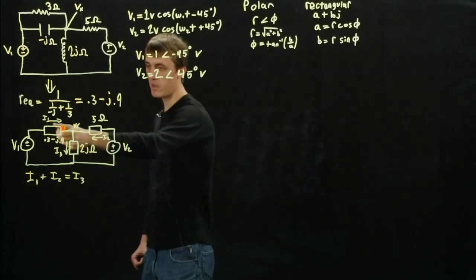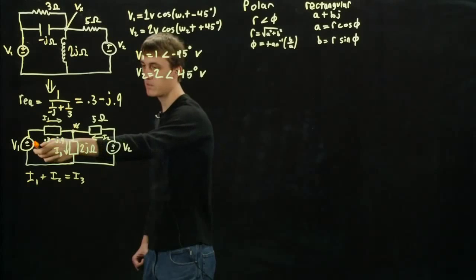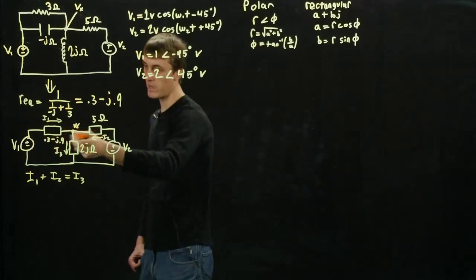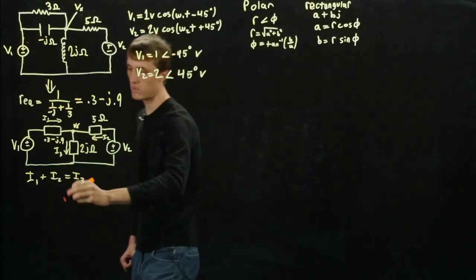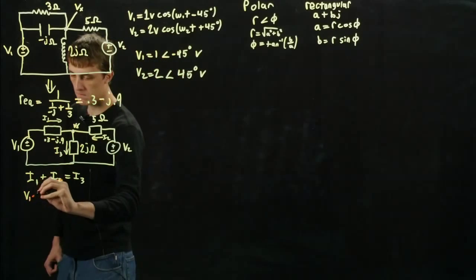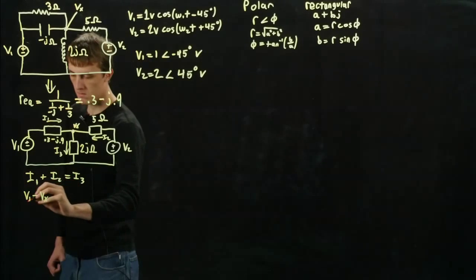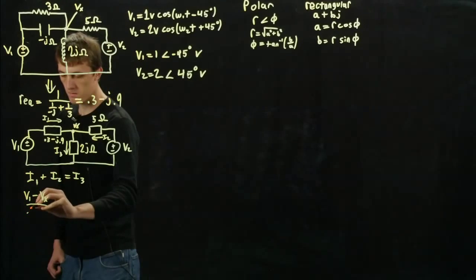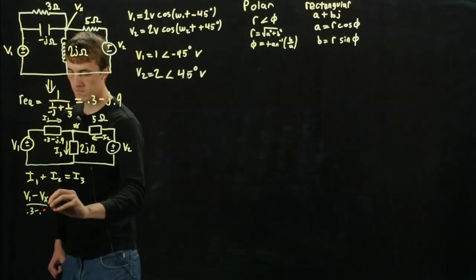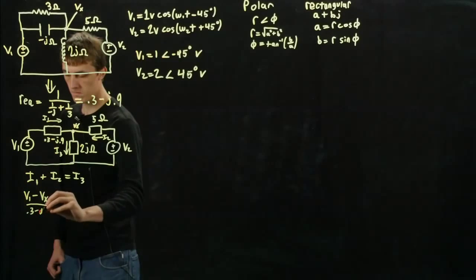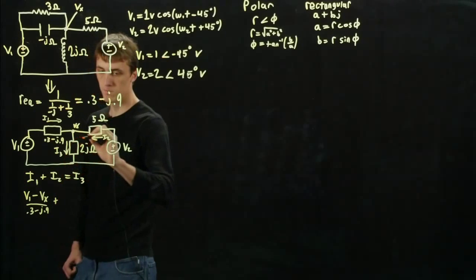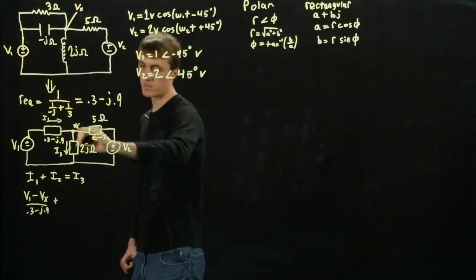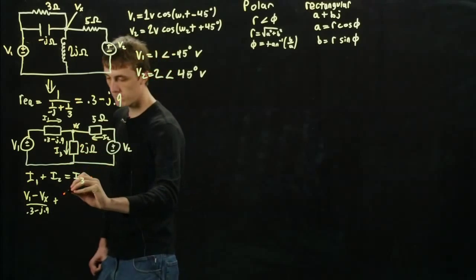And we can denote I1 as V equals IR, voltage over resistance. So V1 minus Vx over R, plus I2, which is the current going this way, starting at this side, V2 minus Vx over 5.